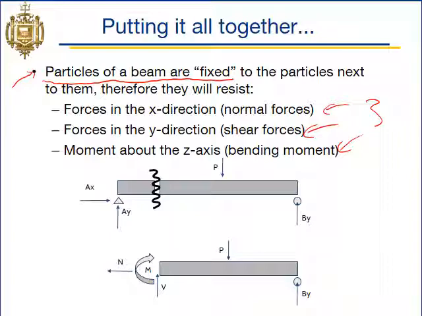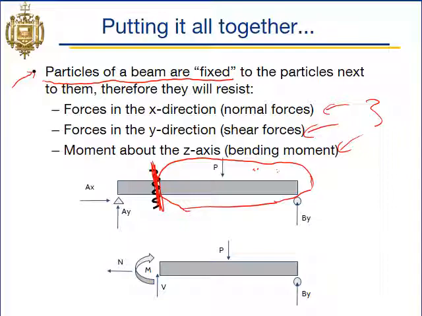So let's see what that looks like in a beam. So we have a simply supported beam here, and it's already got this pre-selected cut here. So we're going to do a free body diagram of just this segment of beam here. So actually I'll just draw a circle around it. So with this circled part of the beam, because this whole system is in static equilibrium, this system here must also be in static equilibrium.